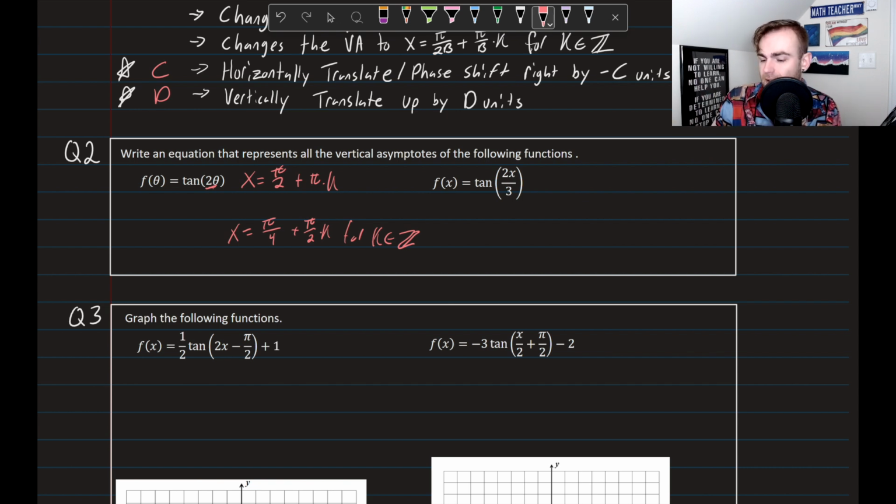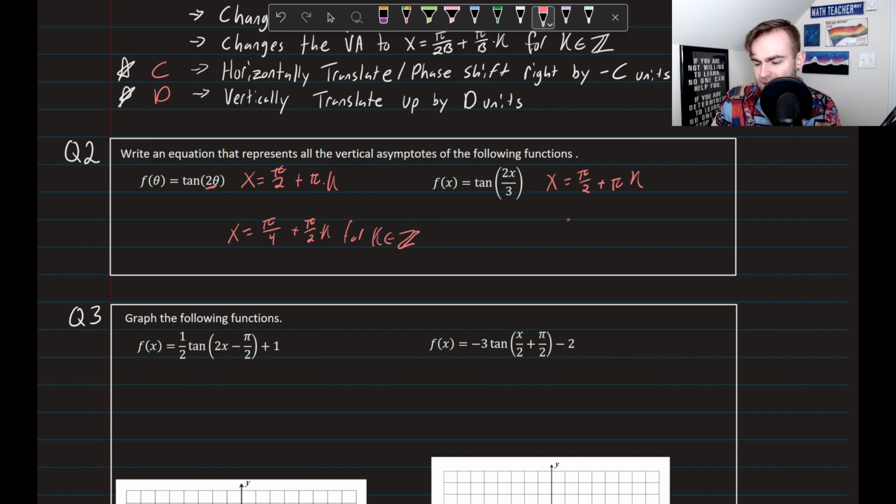So for this tangent, we remember the default is equal to the first asymptote plus the period. Well, we're modifying the period. So this 2 over 3, we're going to be multiplying the denominator by that.